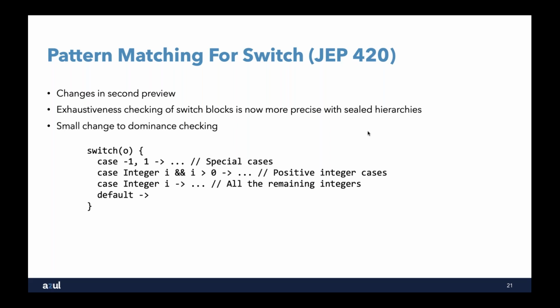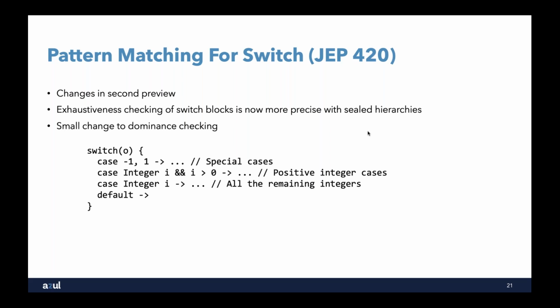If it's a case that we have an integer, and remember that -1 and 1 will match on an integer, so the dominance is that we have specific values. So we can match on case Integer I, have a guarded pattern, so we add the and I is greater than 0, then obviously we're dealing with all positive integer cases, but we've got the dominant pattern above that because 1 is still positive, but that's a very specific one.